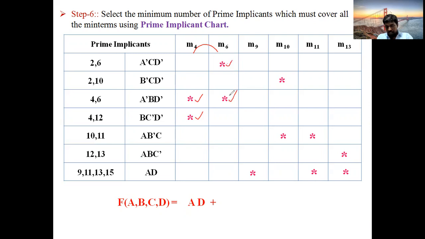If you clearly observe, this term is existing commonly between the two columns. Rather than selecting this one and this one, if you select this particular term, it will help us to cancel both the columns at a time. If you take only this term, this common term will act as the answer for M4 and for M6, so that you can get only one term.